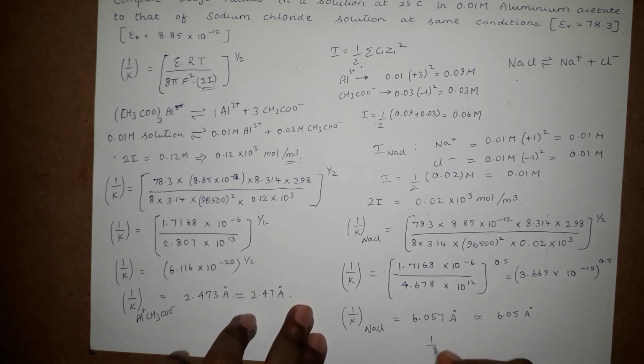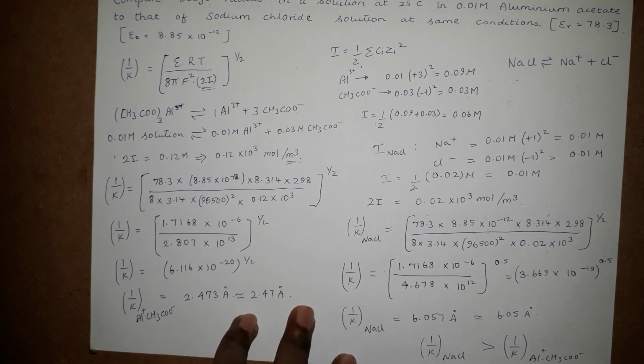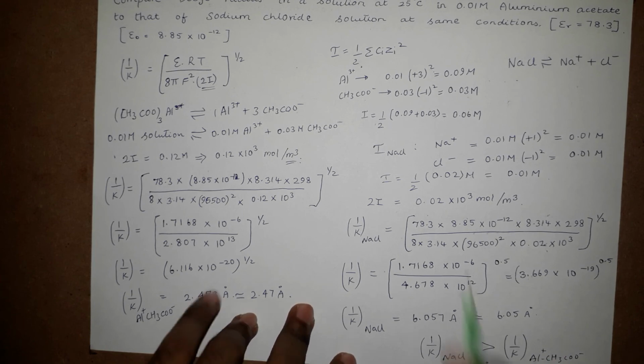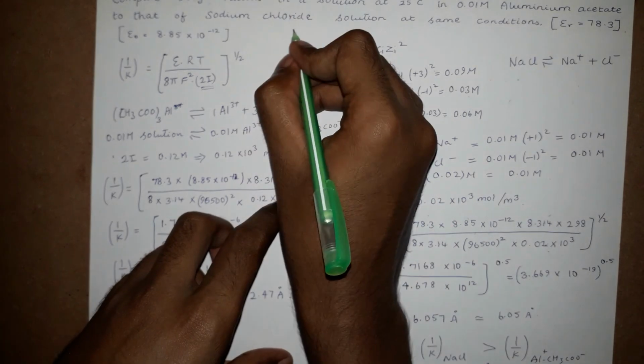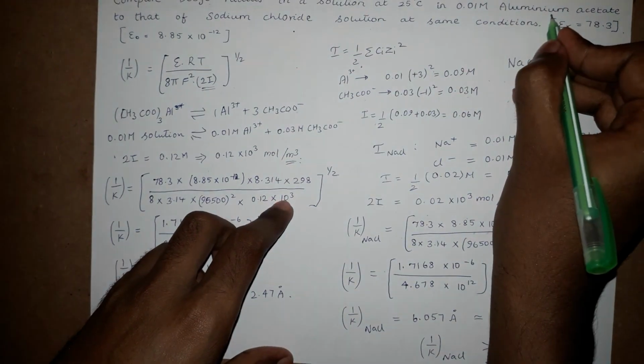So we can conclude that the Debye radius of NaCl is greater than the Debye radius of aluminum acetate, that is 6.05 Angstrom greater than 2.47 Angstrom. So the Debye radius of NaCl is greater than that of aluminum acetate.